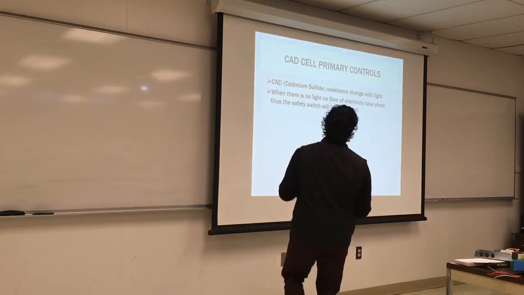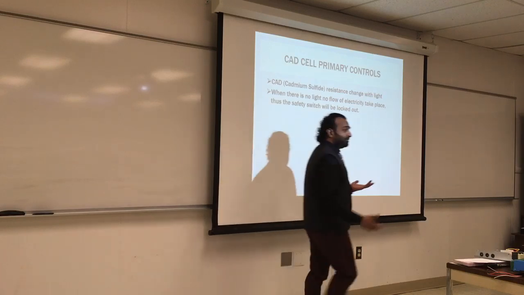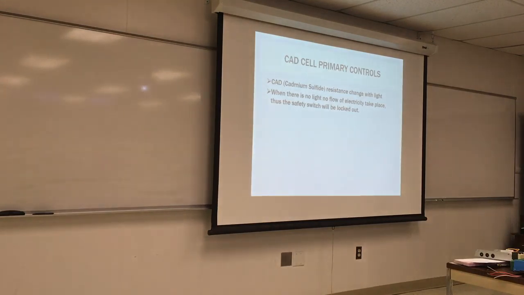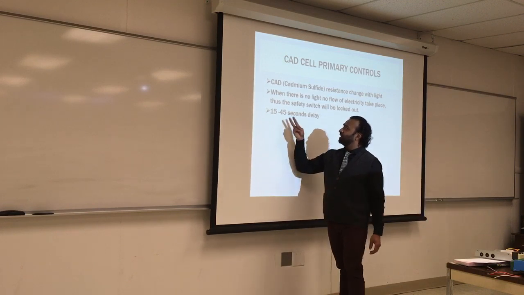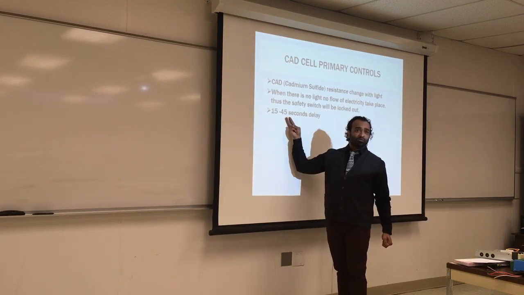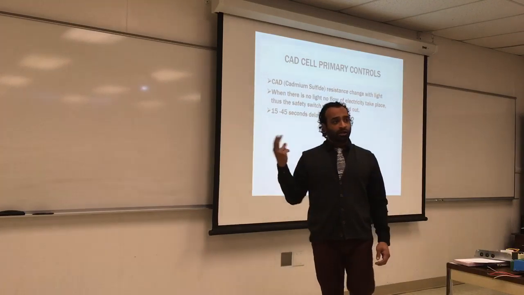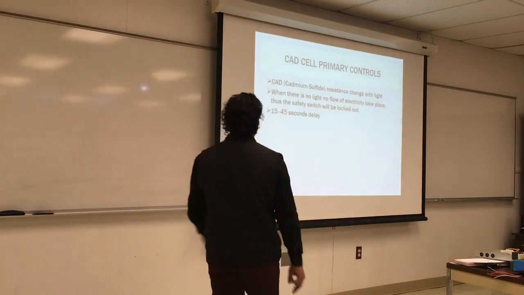When there is no light, there is no flow of electricity, and the safety switch will think that there's no light, no flame. So the delay is from 15 to 45 seconds to prove the flame. We're going to turn the burner on, turn the gas on, and wait for 15 to 45 seconds.